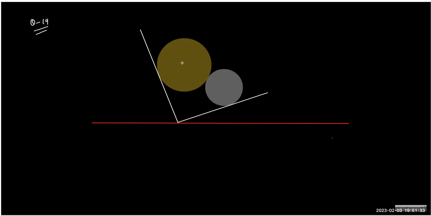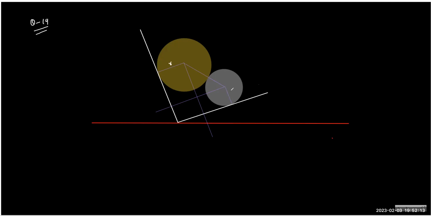And I think all dimensions are given, right? And I think this radius is not given, right?